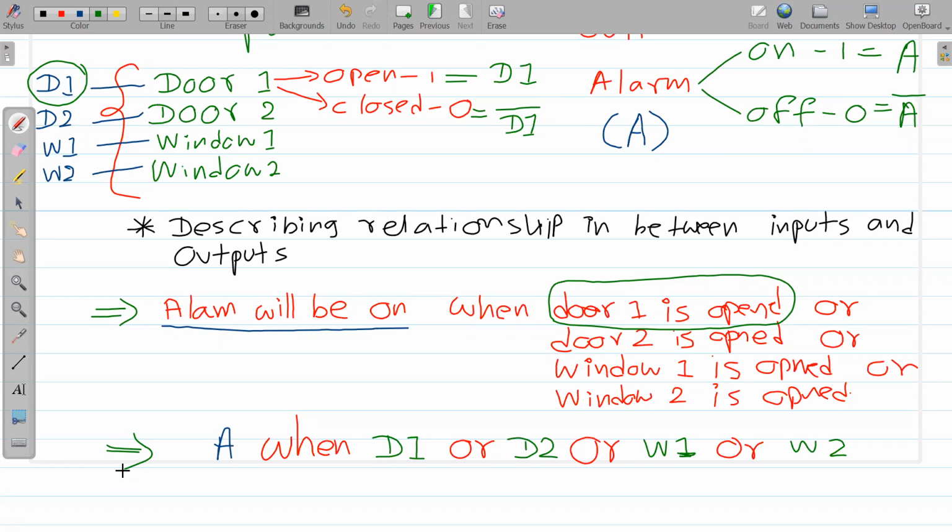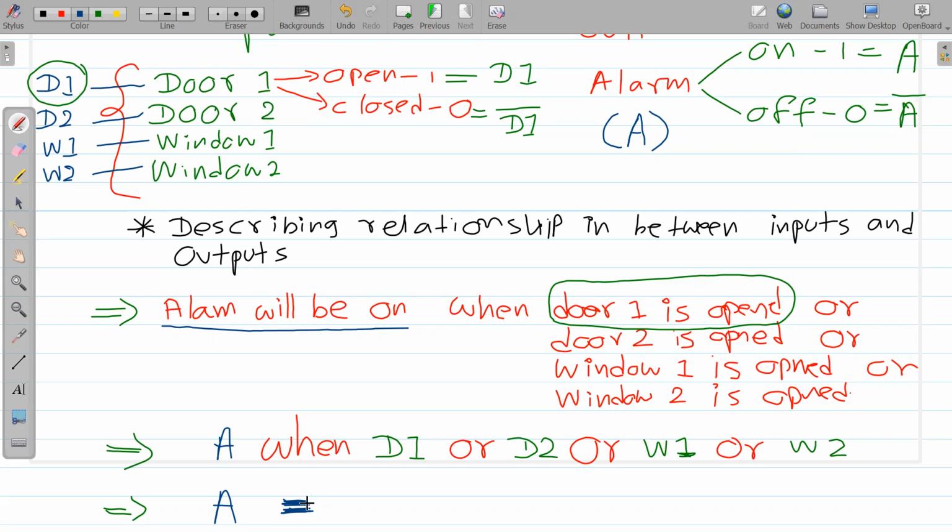So this indicates one. The output is A, right? Alarm is the output. So A equals, because the output is going to be equal to the OR operation of the inputs.